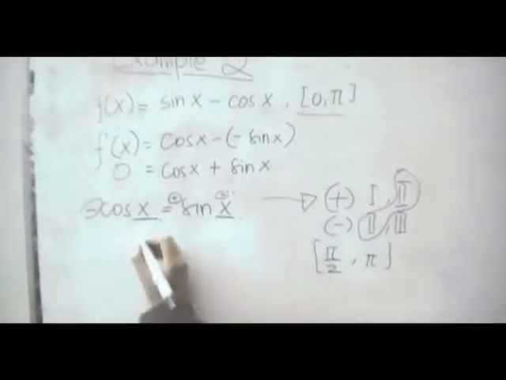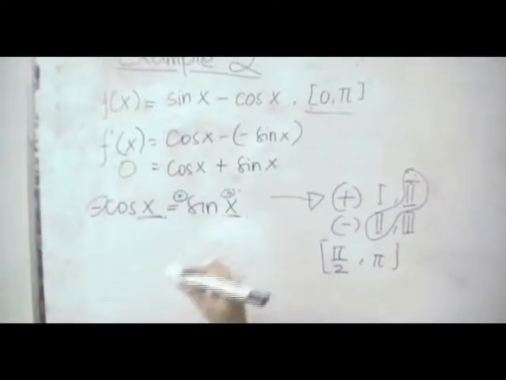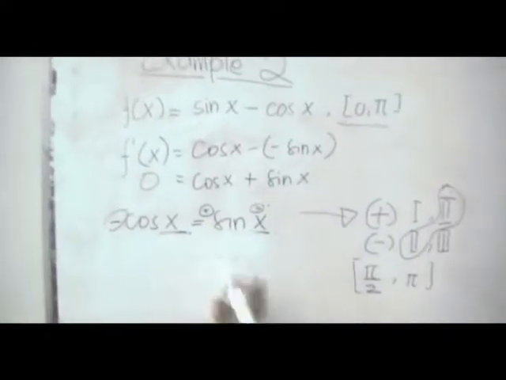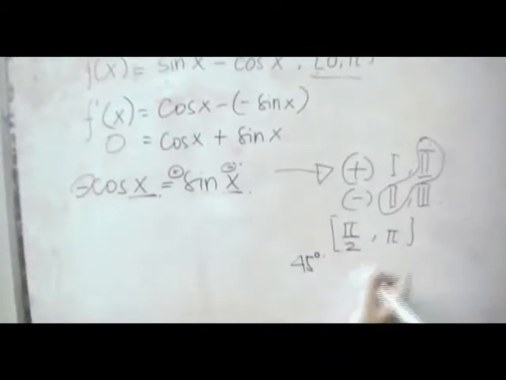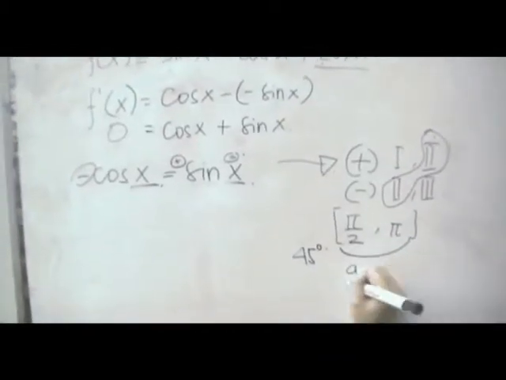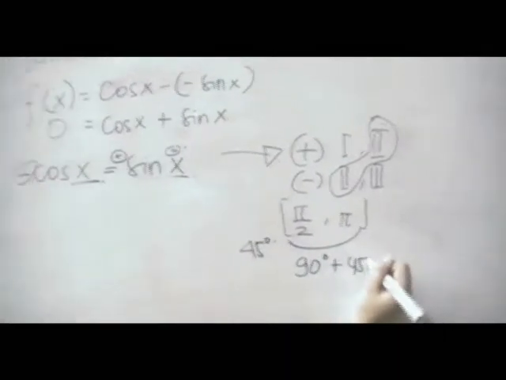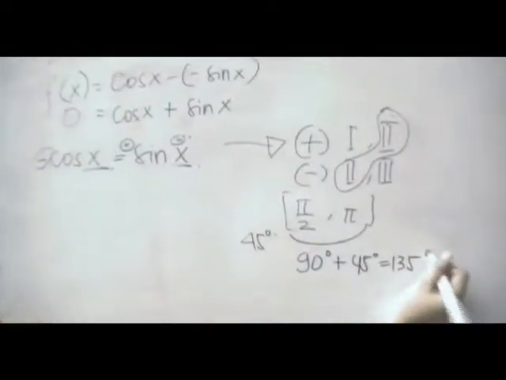Okay, to find the value of x, we need the angle where cos and sin are the same but with different signs. So it will be 45 degrees, right? Because of this interval, it will be 90 degrees plus 45 degrees, which is 135 degrees.